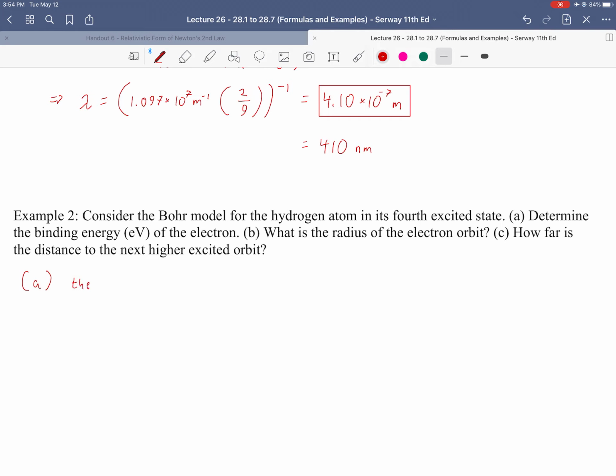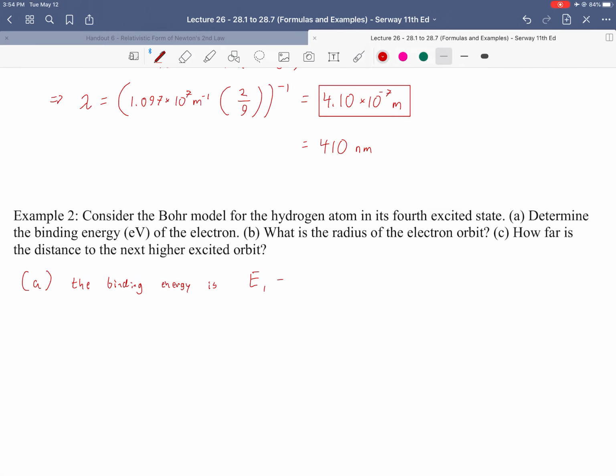So the binding energy is going to be E1, the ground state energy, minus the value of E4. And it's got to be minus the magnitude of the value of E4.